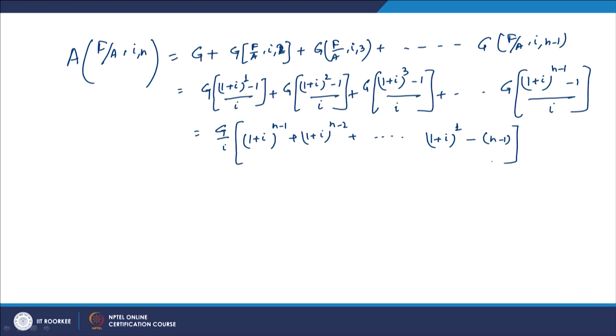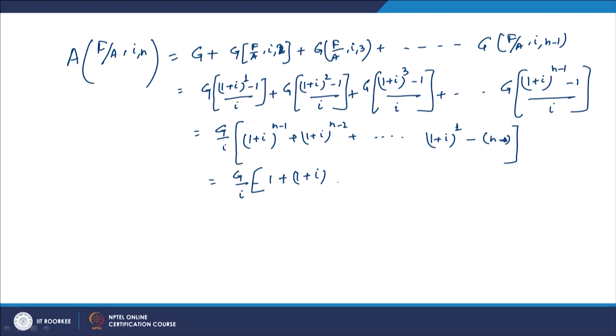Further we are getting G by I, and then you will be coming to 1 plus (1+I). There are these 1s coming as n terms, so I think this will be n. So, you will have n here, and that is why your 1 will be coming like this.